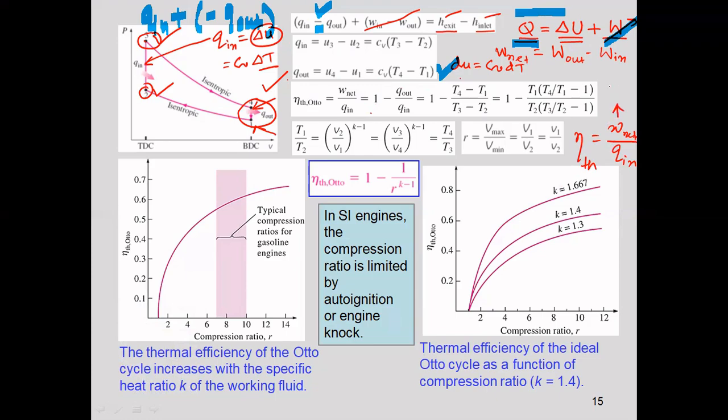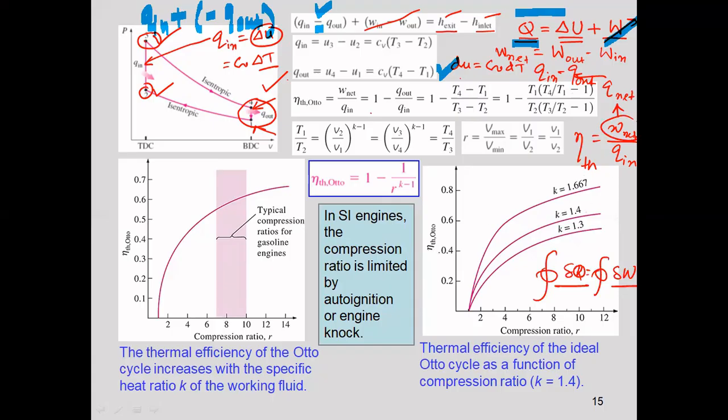W net means nothing but Q net, because we know from the first law that cyclic integral del Q is equal to cyclic integral del W. That means net heat transfer and net work done are the same. Therefore, W net is Q net, and Q net is nothing but Q in minus Q out. Therefore, I can directly put W net as equal to Q in minus Q out.